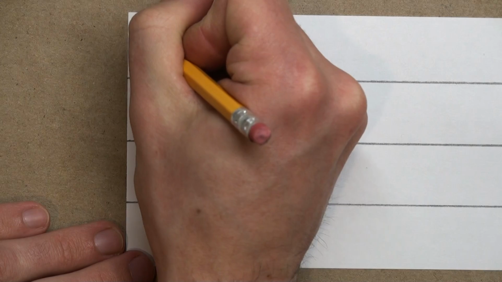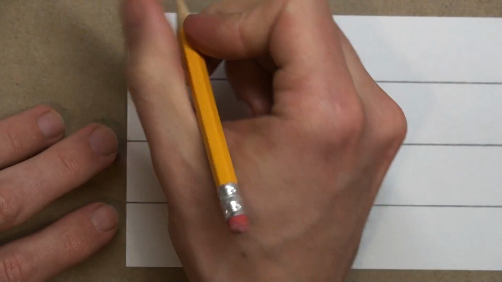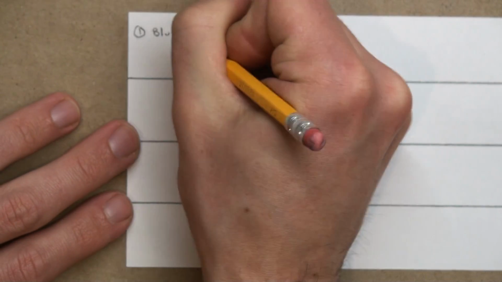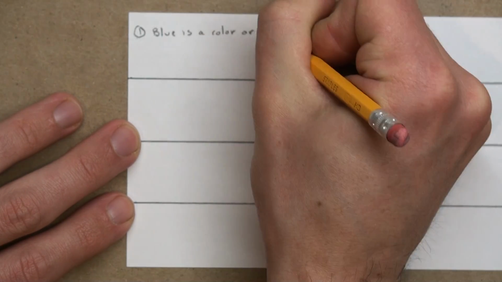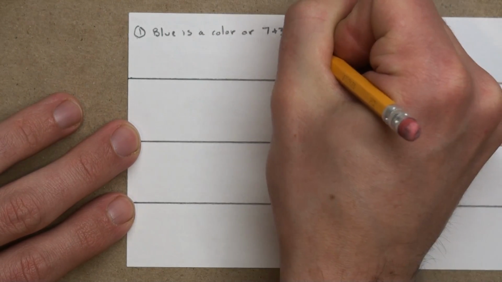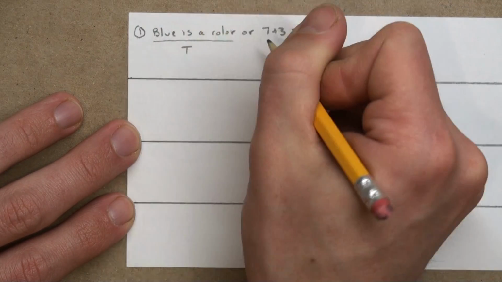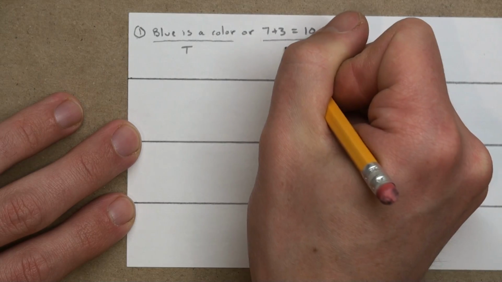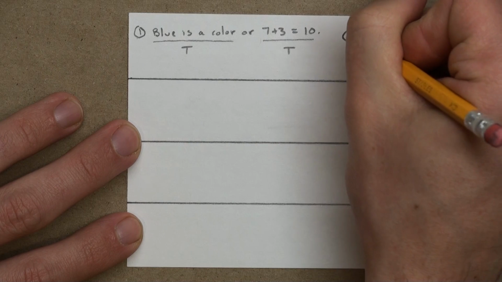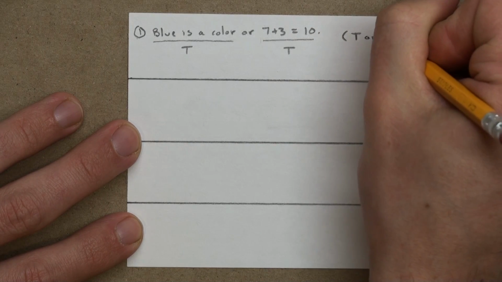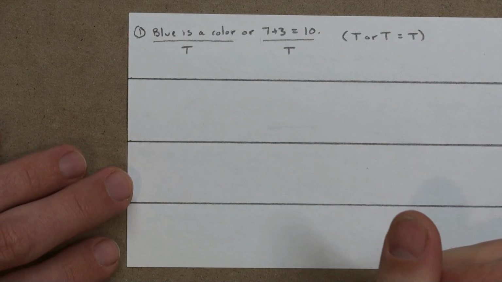So for example 1, blue is a color, or 7 plus 3 equals 10. And we know the first part is true and the second part is true. So when we have a T or a T, it's true because at least one of them is true.